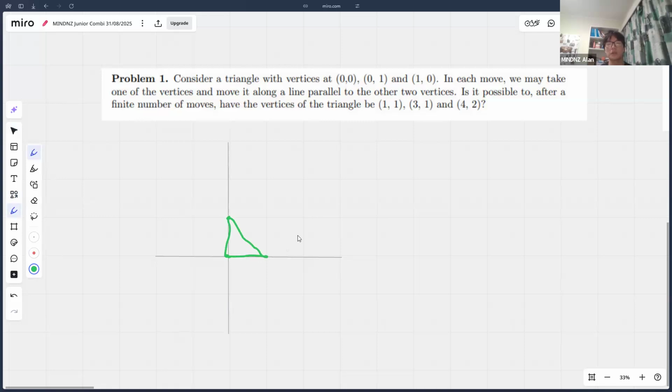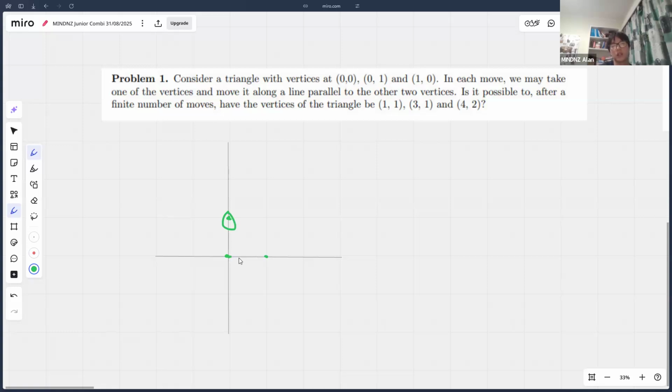And then each move, we can move one of the vertices along a line parallel to the other two vertices. So let's look at this vertex. Each move, we can move it along a line parallel to the other two vertices. What does that mean?